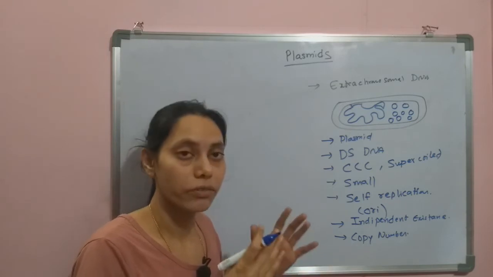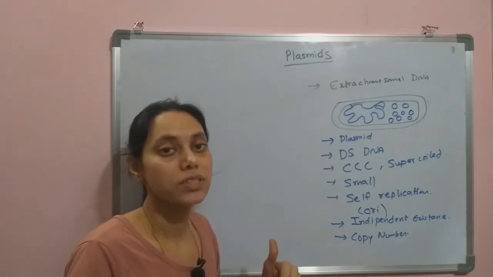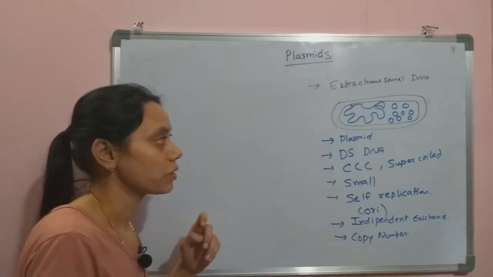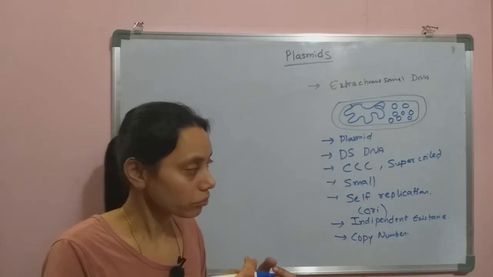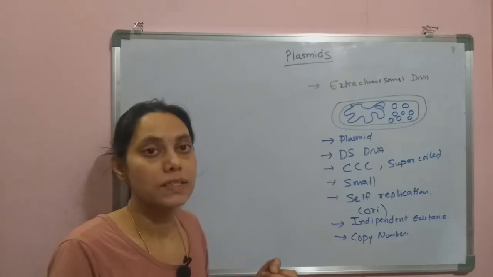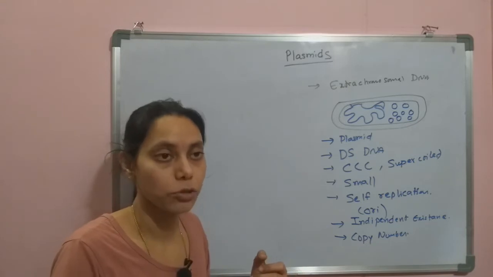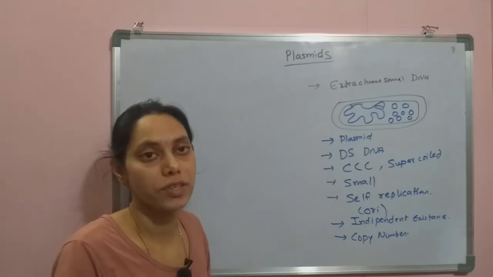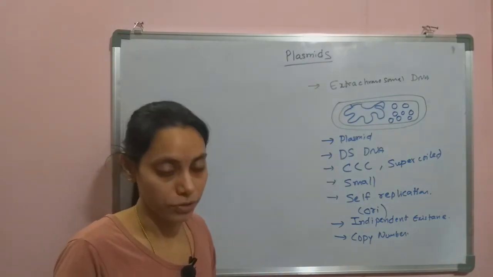Because of the presence of resistance genes and other genes that help the bacteria survive under environmental stress, these plasmids are quite helpful.